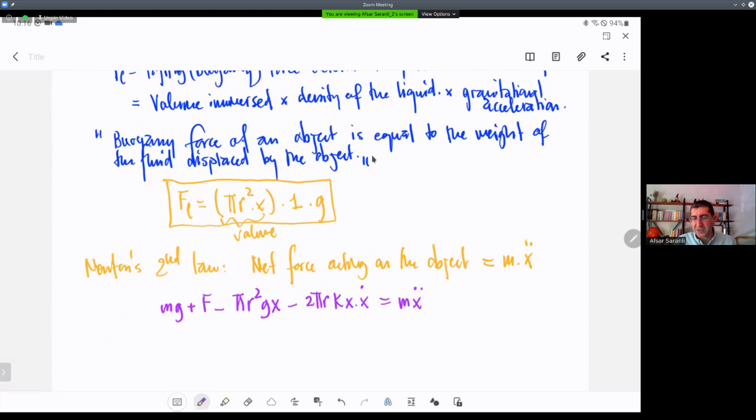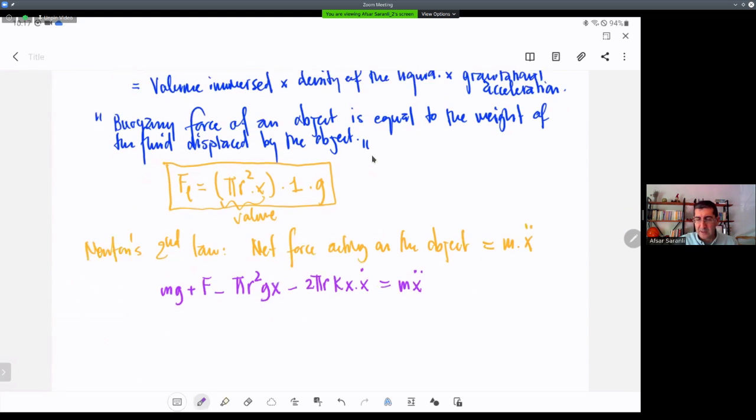Okay, so essentially we have obtained a differential equation. Let me rewrite it from the beginning.